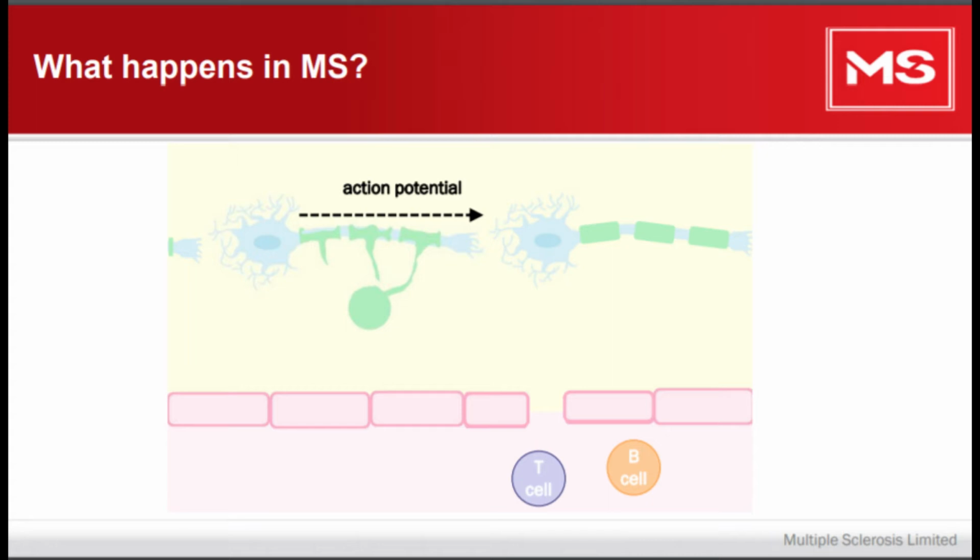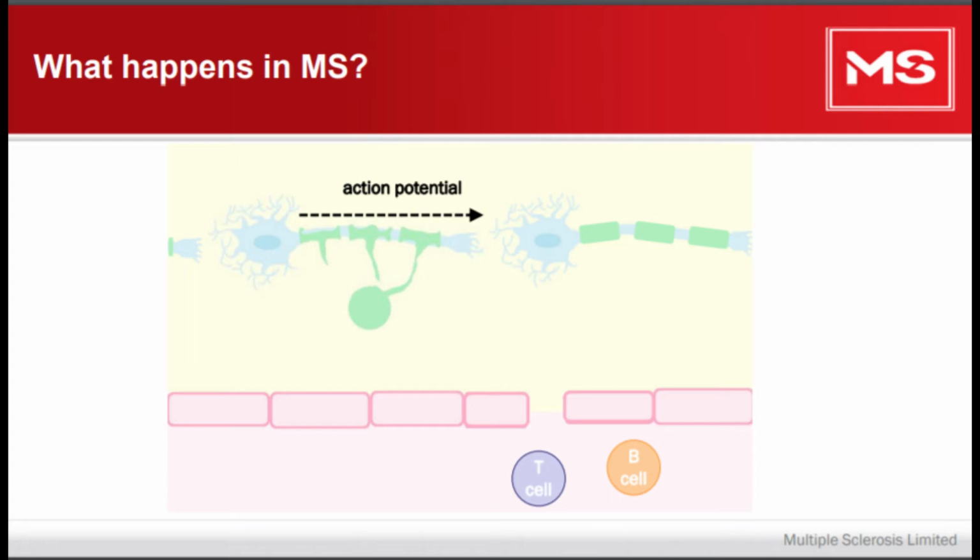So if you think of this as like an electrical circuit, this is our neuron, and an electrical signal passes down what we call an axon here. Electrical signals travel much more effectively when we've got a really healthy, beautiful myelin sheath around it, like the plastic insulation on a piece of wire.